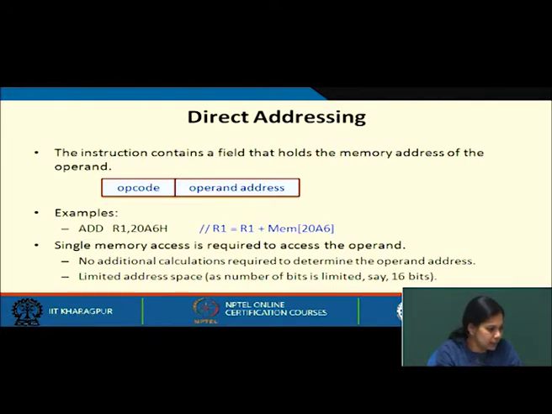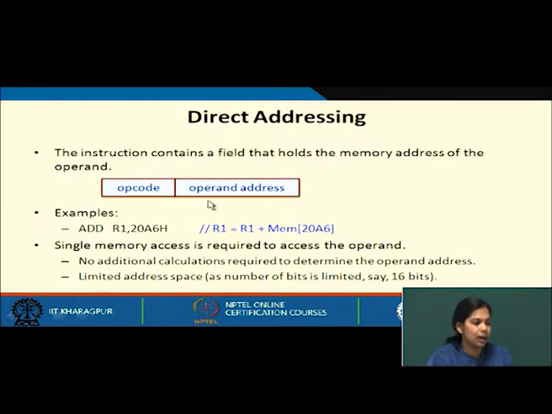Let us say 20A6 is the location and the content of 20A6 will be the exact operand that you are looking for. Like here, add R1 comma 20A6, meaning whatever content is in 20A6 will be added with R1 and stored back in R1.